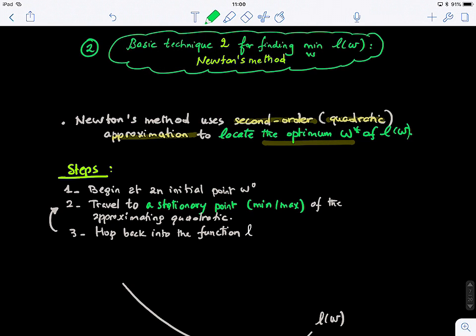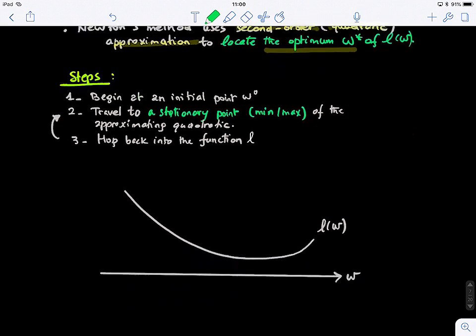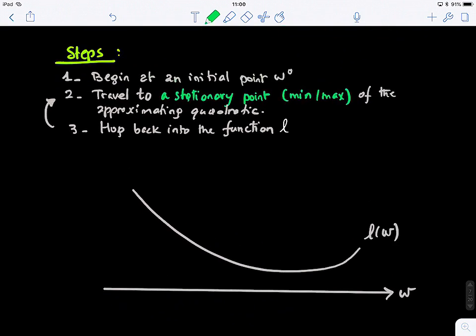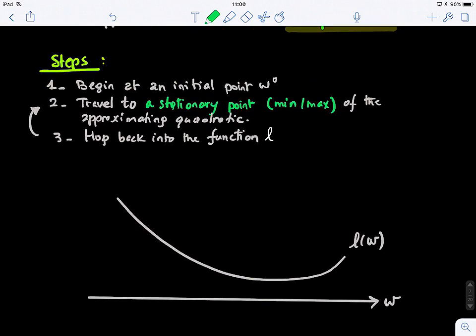L of W. Okay, so what are the steps? The steps are quite simple. I would like you to look at this, understand, and try to remember and envision how it works. Let's say we're starting off at this point. This is our W0. Then what we do is simple: we approximate the curvature of our loss function.